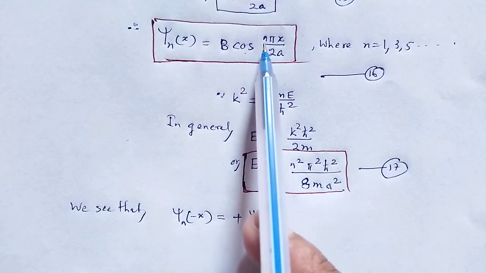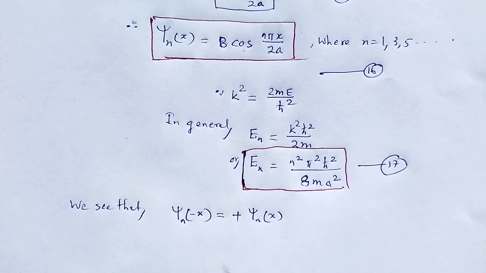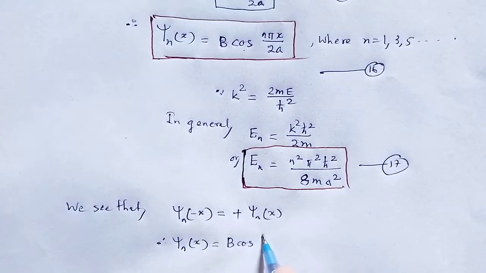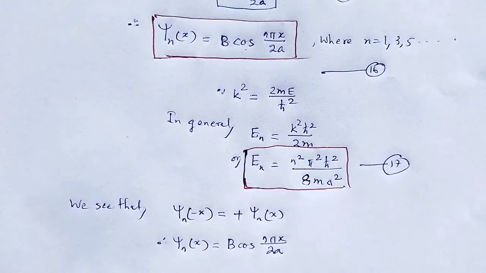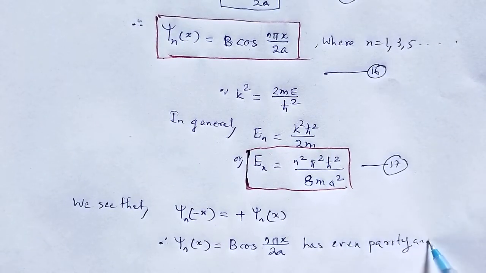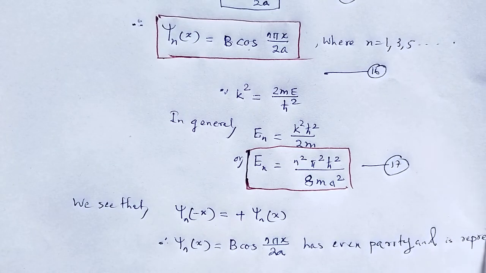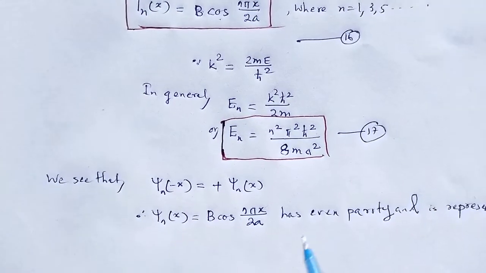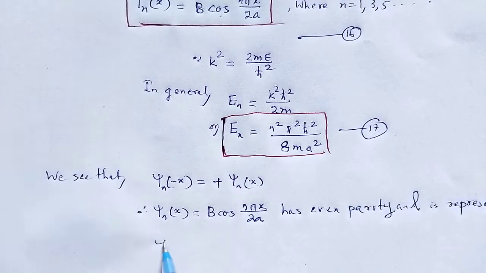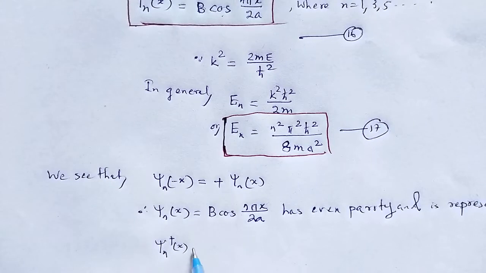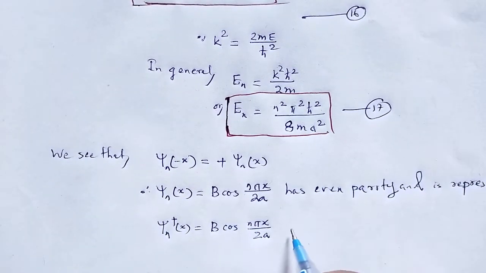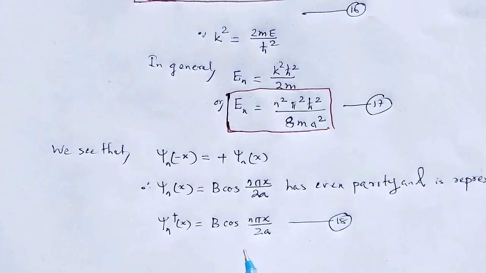Since cos of minus x is cos x, therefore psi n x is equal to b cos n pi x by 2a, which has even parity and is represented as psi n plus x is equal to b cos n pi x by 2a, equation number 18. We get that constant b.